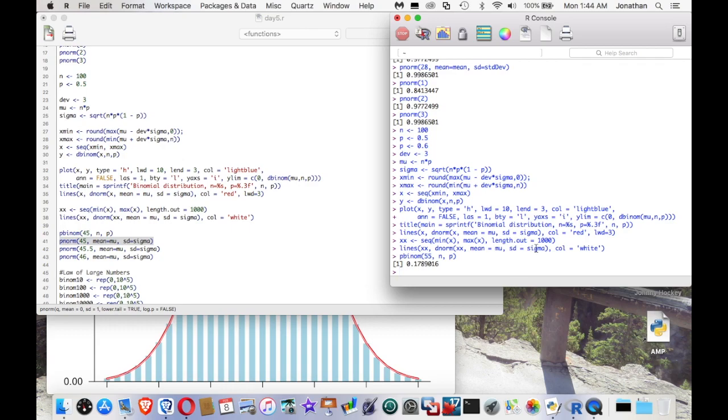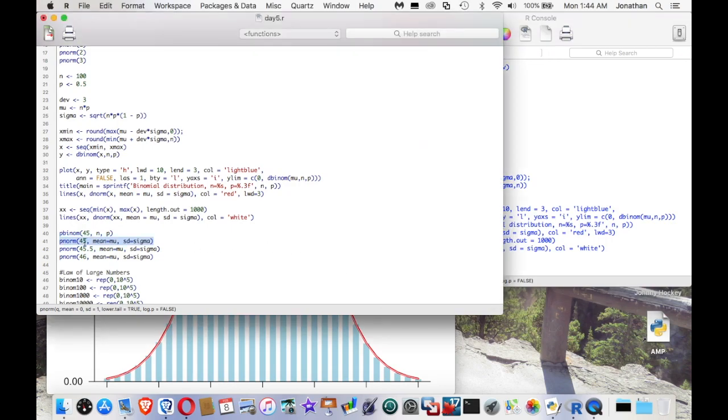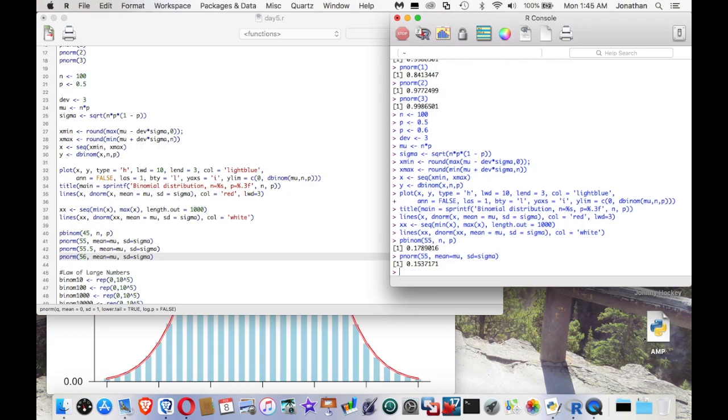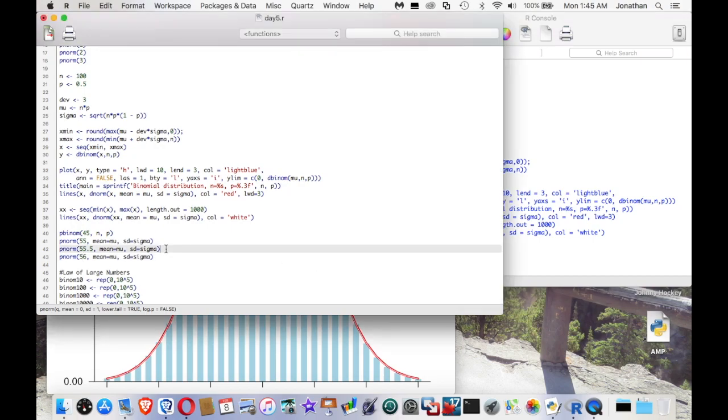So the first thing that we would want to try if we were looking at the normal values is compare against p-norm of 55 I guess in this case. So if we just went with the maybe naive assumption that we could ask for p-norm of 55 with our mu and sigma, we would get 15%, which does seem rather low.